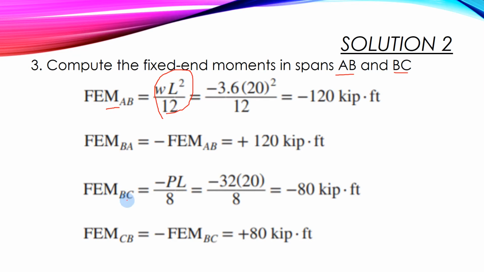Then for BC, negative PL over 8, because that is a concentrated load at the center of the span. So we have negative 80, then for CB, positive 80.